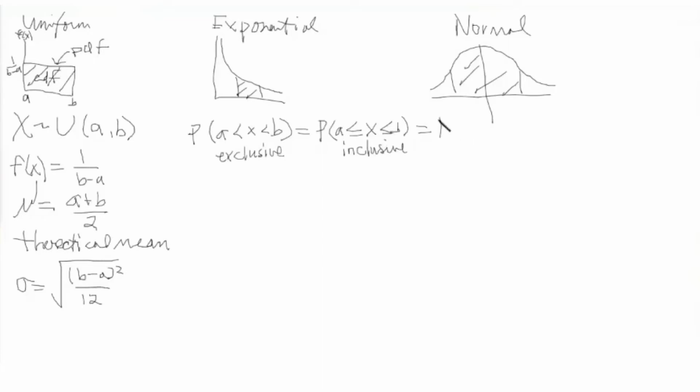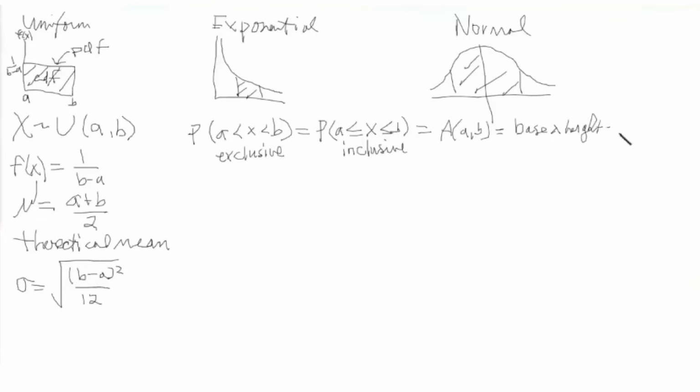And the probability is equal to the area of points A to B, and that's just going to be the base times the height, because we have a rectangle.